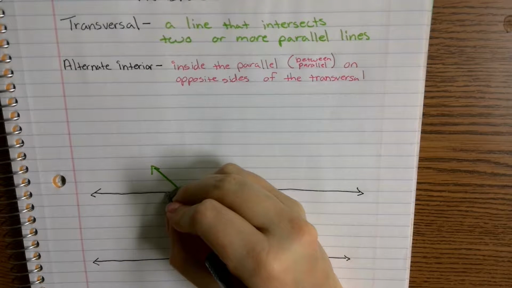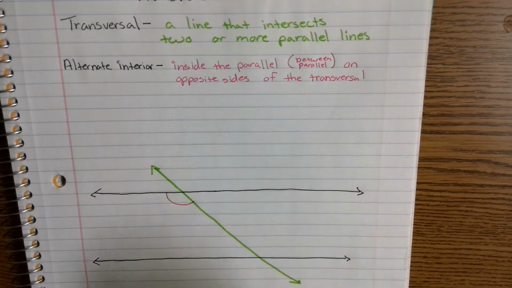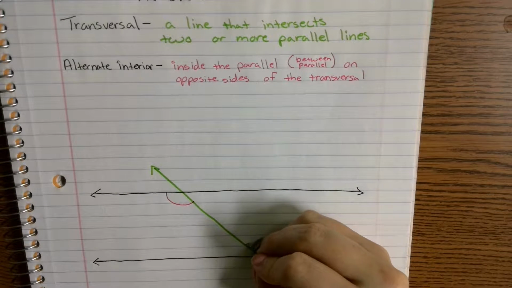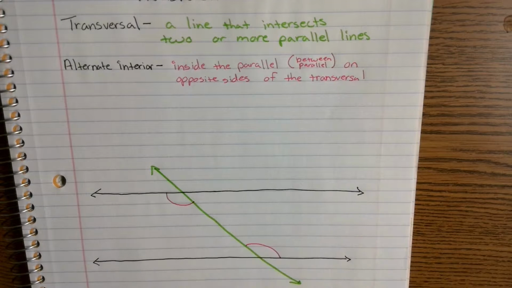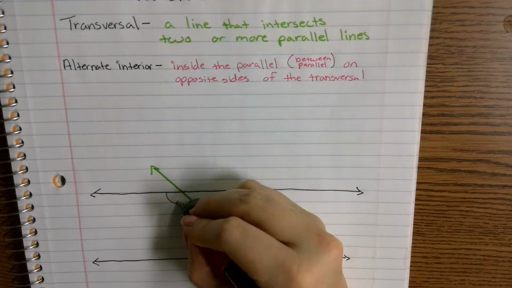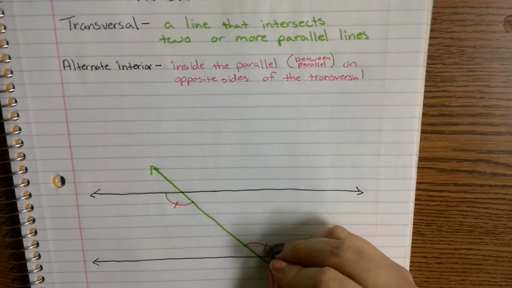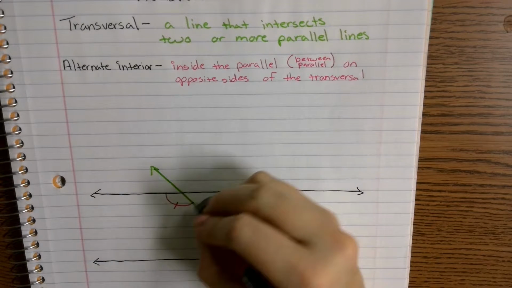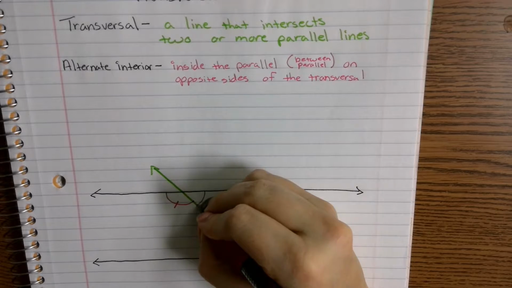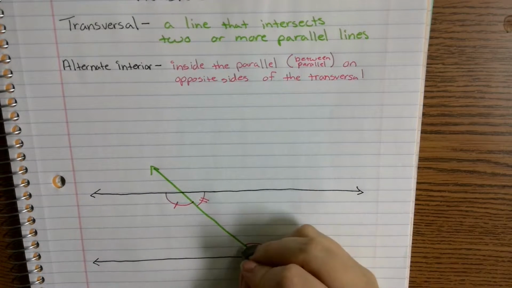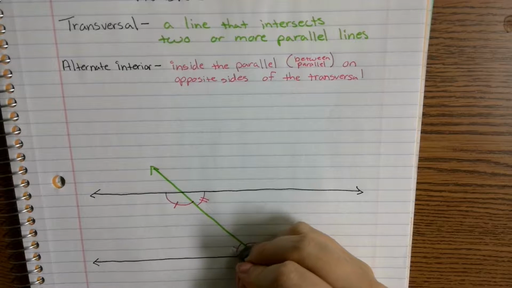So for example, this one right here, this angle, is alternate interior to this angle. You also have this one that's alternate interior to this one.